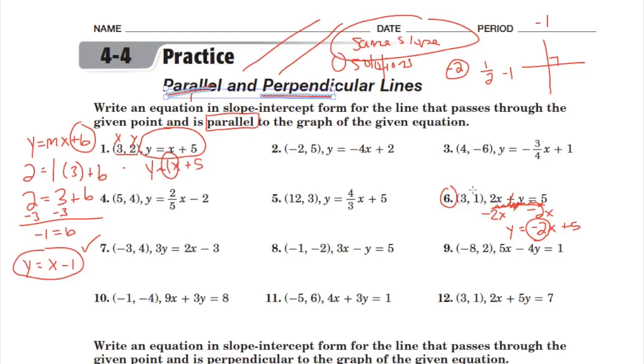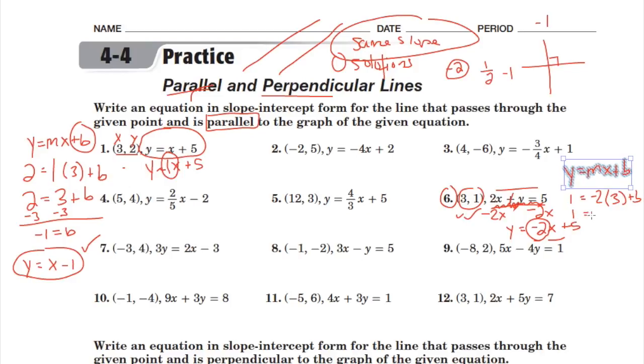So if I'm going to write an equation that's parallel to the given equation and it also goes through that point, I'm going to start with y equals mx plus b. For the y value, I'm going to put in what's given, which is 1. My m value is the same as the other equation, so -2. My x value is 3, and then plus b.